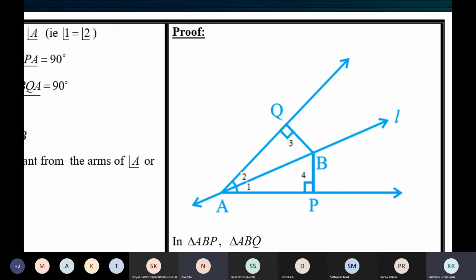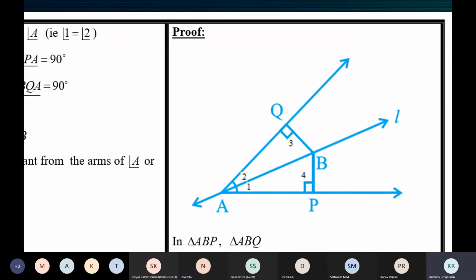Now children, tell me. Even if the angles are equal, we should not write it if it's not a given statement, correct? Ma'am, even if AP and AQ are equal, we should not write that if we don't have a proper statement. Yeah, correct.